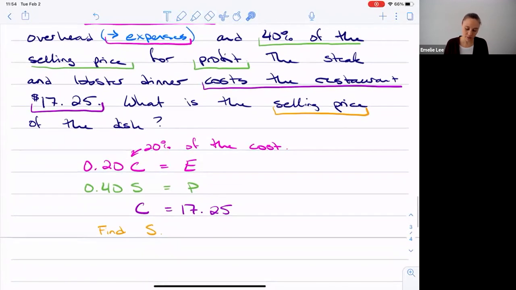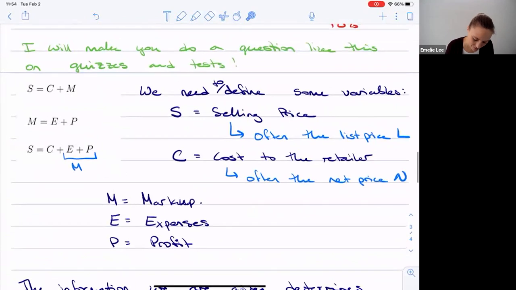So what I'm going to do is I just kind of scan everything that I have here. So I've got a C, I've got E, I've got S, I've got P, I've got C, and ultimately I want to find S. So of course my formula that I choose should probably have an S or be building towards an S. Okay, but so all this information, I can put together, and I'm going to use this formula here, because I've got the S, I've got C, I know E sort of, and I know P sort of, right?